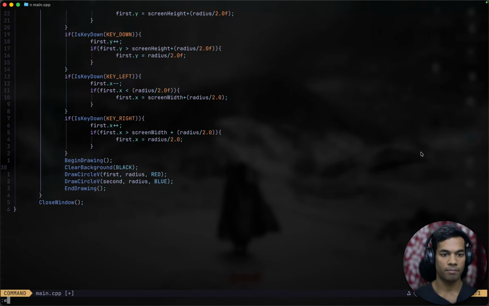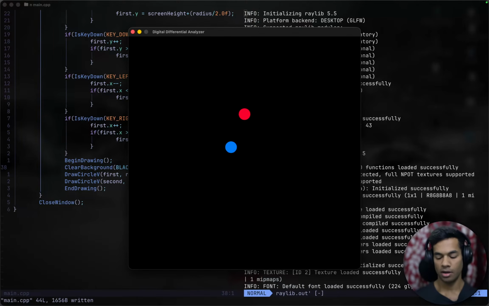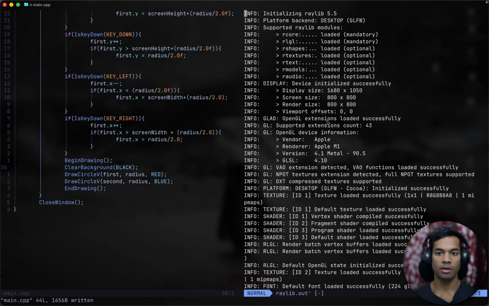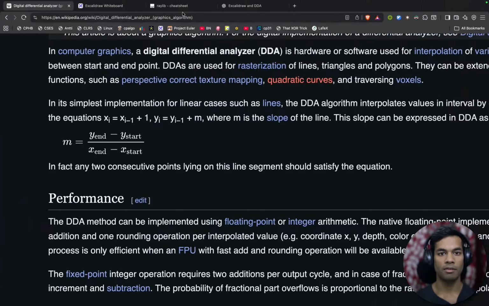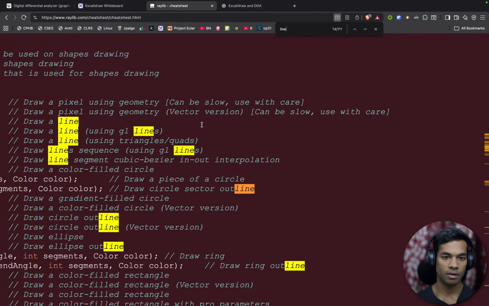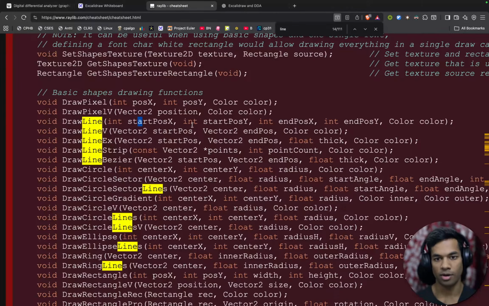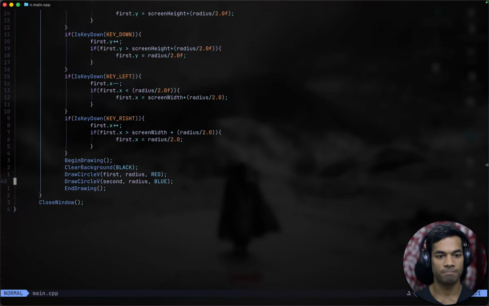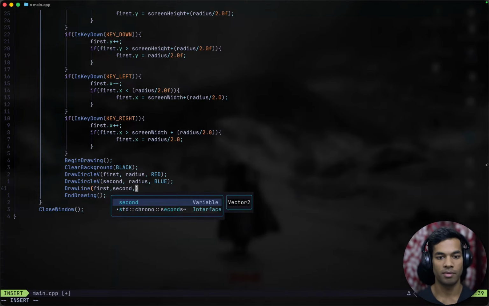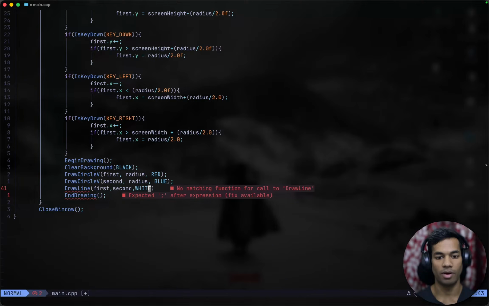Clear background, and now we have these two dots or circles moving. Now we have to create a line, do some maths, and we will create a line between the two. Let's see, there must be a line function in Raylib. Draw line: start position, end position, start x, end x. We can use a vector, from first to second, and make the line white.